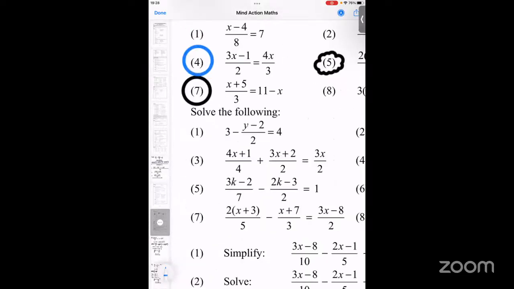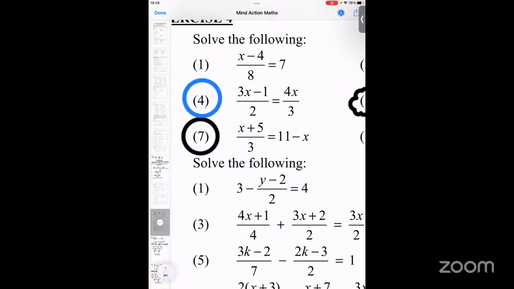Let me do this so that you can clearly see. Guys, copy that question number 4 and start working on it. As soon as you are done, you send me photos via WhatsApp inbox. I want to see how you write and all of that.